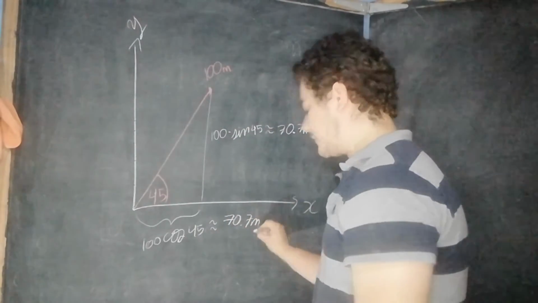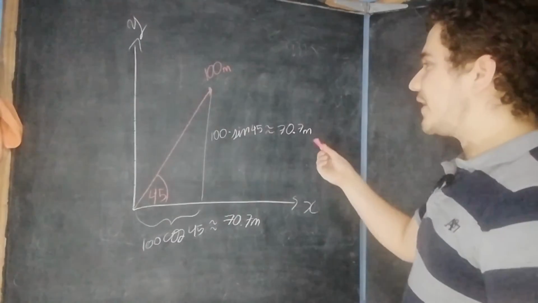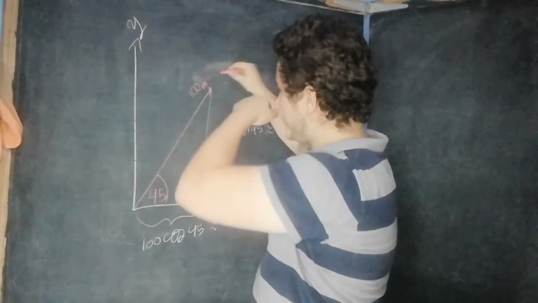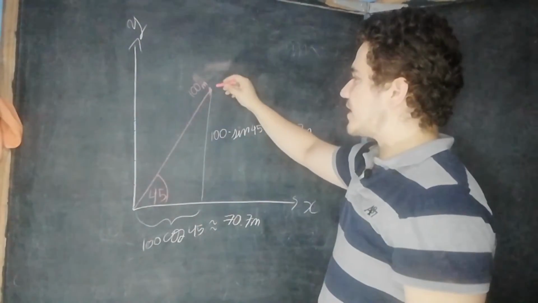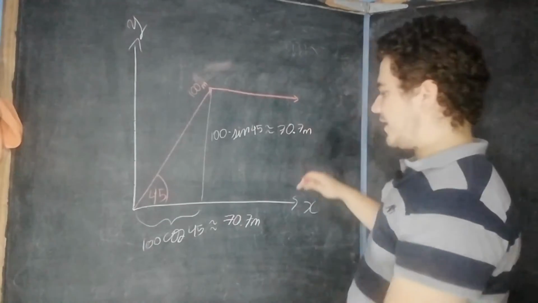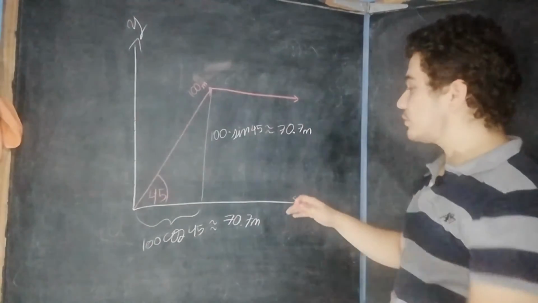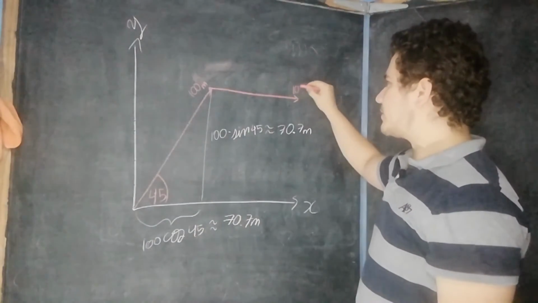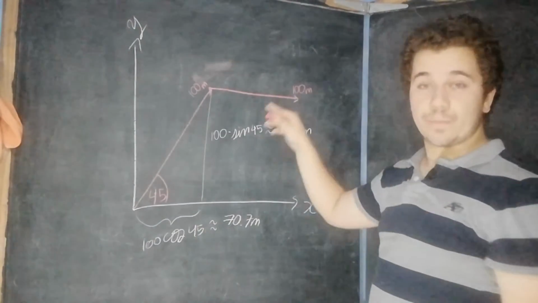Now, let's say we have another vector, 100 meters, that goes along the x-axis. So the angle between the x-axis and this other vector of 100 meters is actually 0.